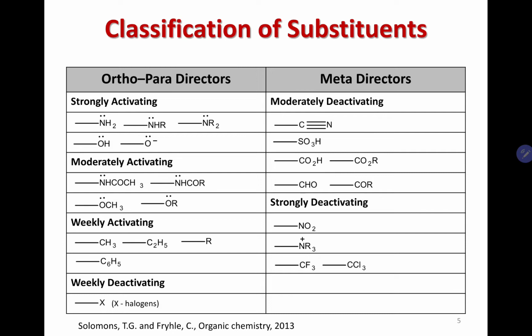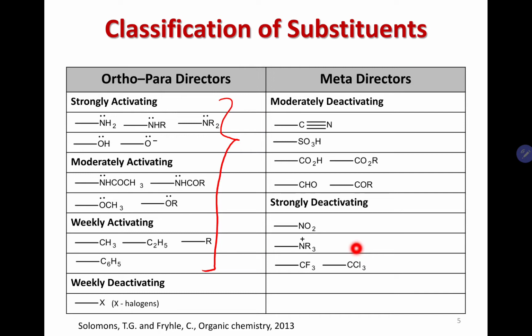If the ortho-para directors are activators, that means they help benzene get an electrophile, an electron deficient species. So if an already existing substituent makes benzene more rich, that means that substituent is donating electrons onto benzene.